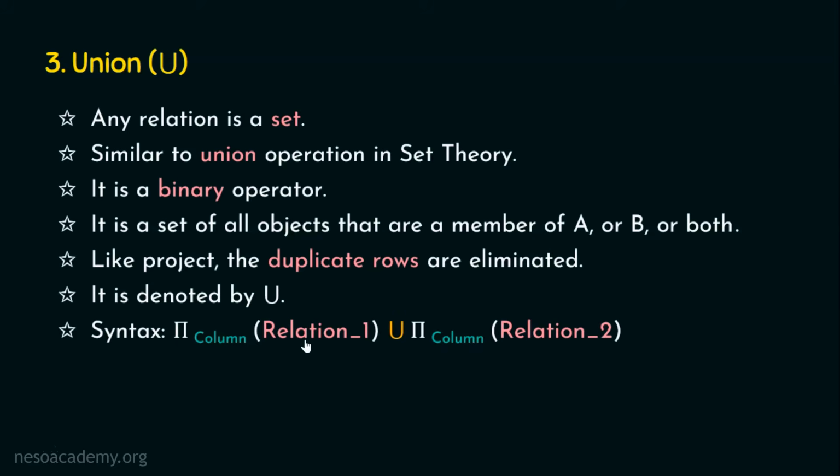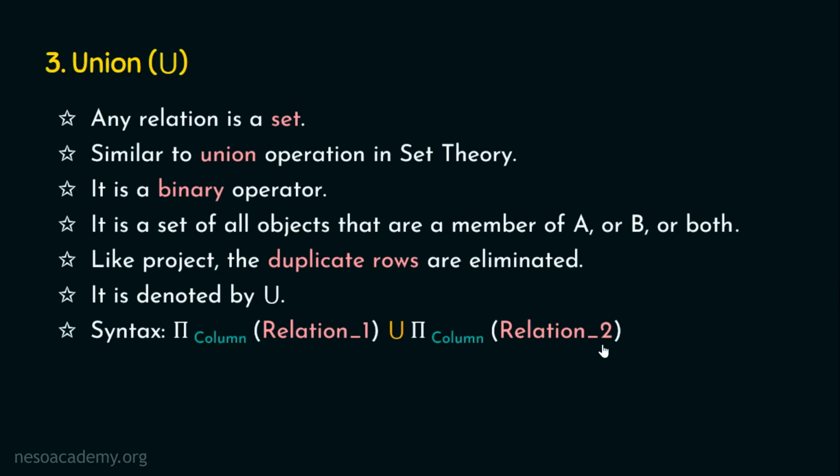We are not directly performing relation 1 union relation 2. Rather, we are performing the projection of a single column or multiple columns from relation 1, which is unioned with another projection. It may be a single column or a group of columns from another relation, which is relation 2 in this example.